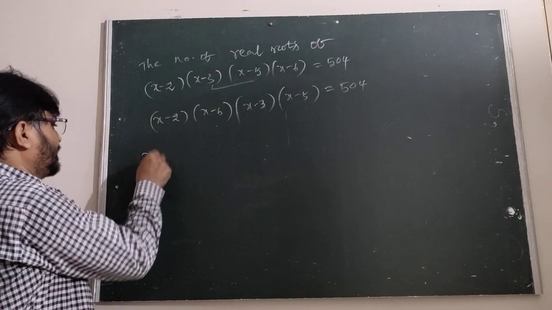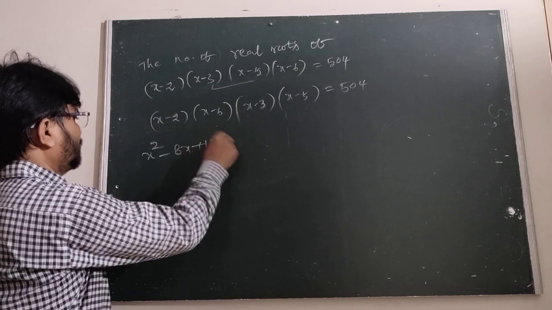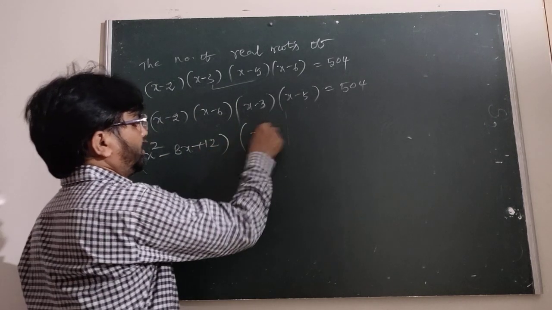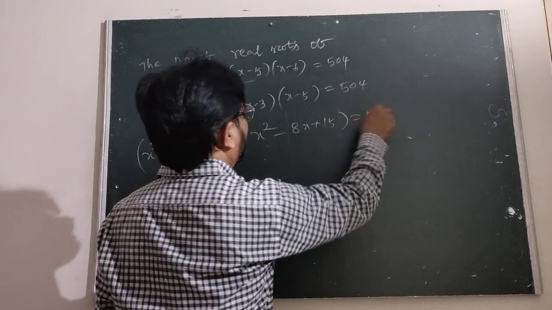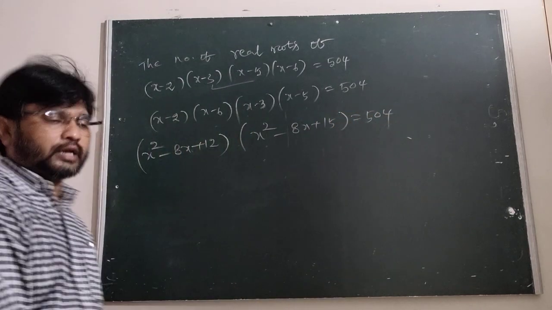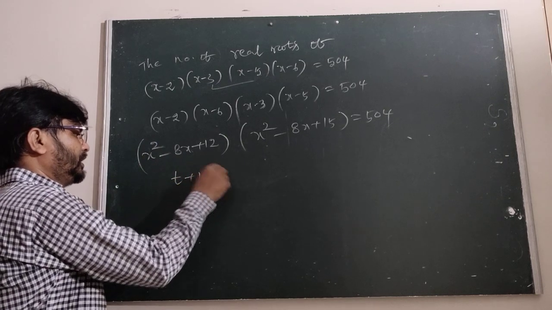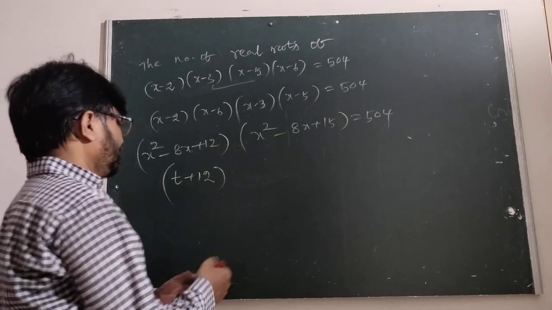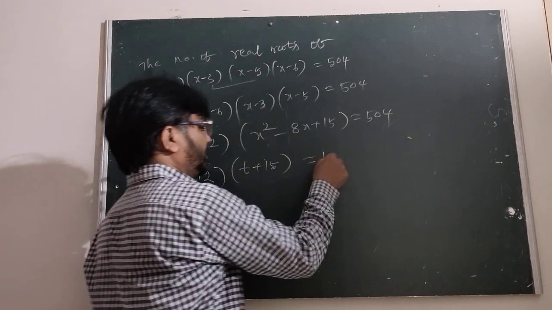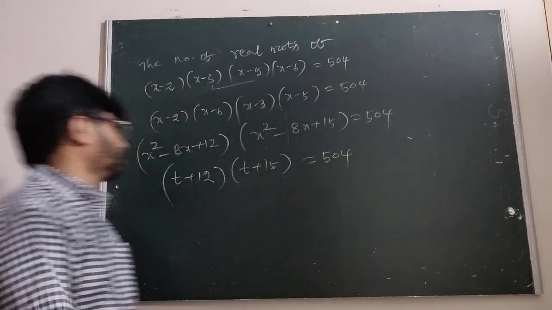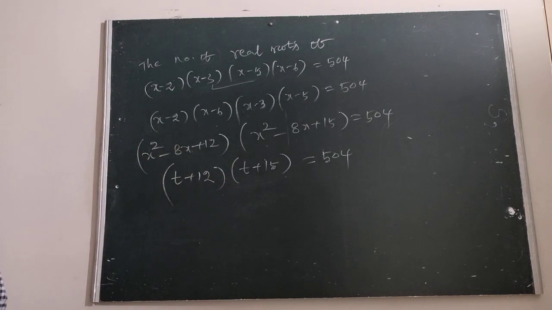Then we get x square minus 8x plus 12, and x square minus 8x plus 15 equal to 504. Now let x square minus 8x be t. Then t plus 12 into t plus 15 is 504.